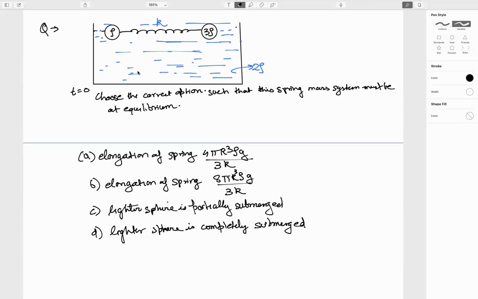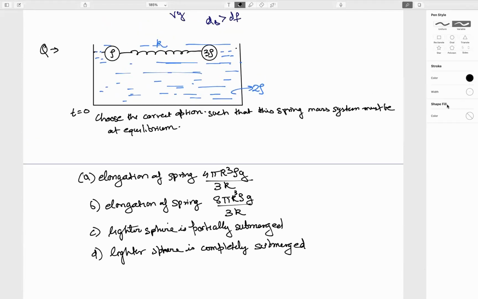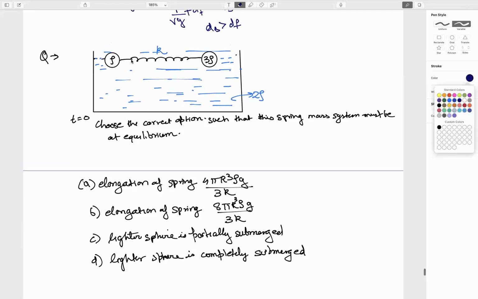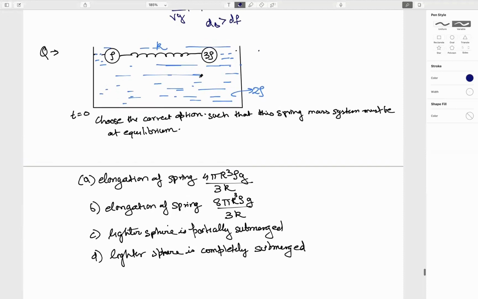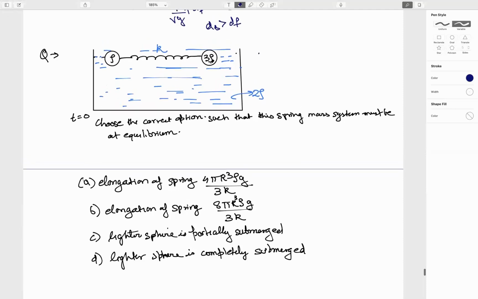Okay, so let's think about this question. What will happen? This is denser than the liquid, but this is lighter than the liquid. So this will try to go down inside the fluid and this will try to float.